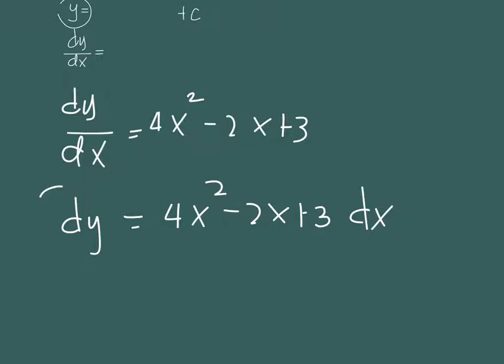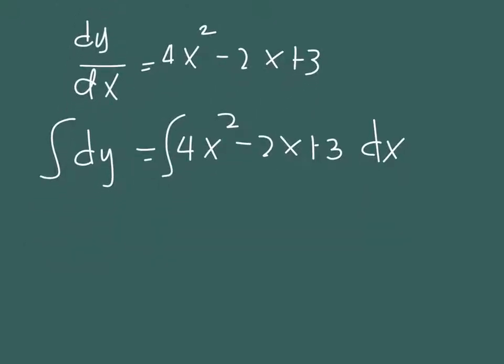And then we integrate both sides. So the integral of dy is equal to, diba? Kung ang y derivative niya ay dy, integral of dy is y. So lalabas yung y. And then we integrate the usual way.